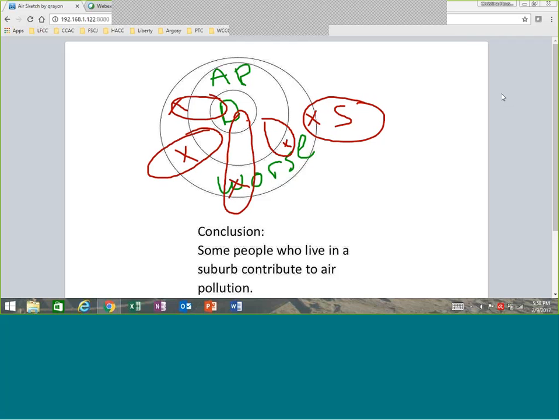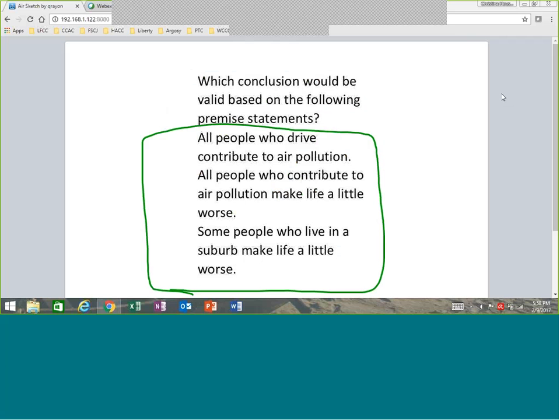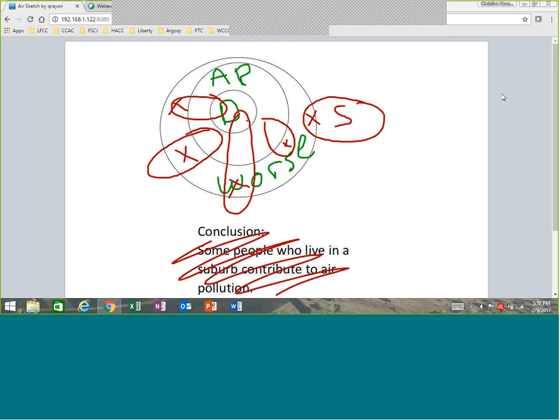So I'm just trying to draw all the possible ways. See, I haven't even read the conclusion yet. I'm just trying to draw all the possible ways where some people who live in a suburb make life a little worse. So it looks kind of like that. Got all these possible suburb circles, okay? And we don't put the suburb circle completely inside the worse circle. Well, can we? No, that doesn't work.